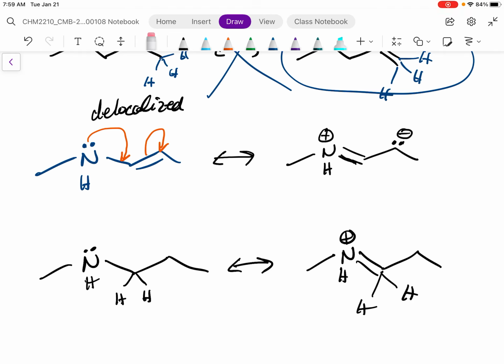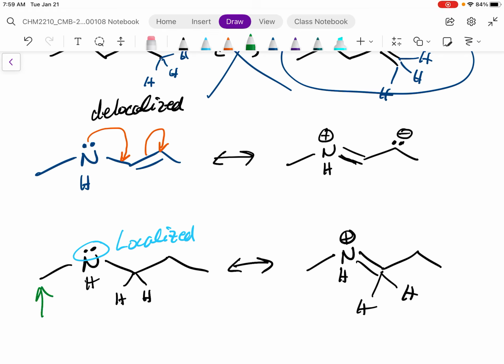So you notice, though, that this lone pair right there can't move. So they're localized. They cannot engage in resonance because they're just stuck there. And that has to do with everything that it's surrounded by. What is its hybridization state?